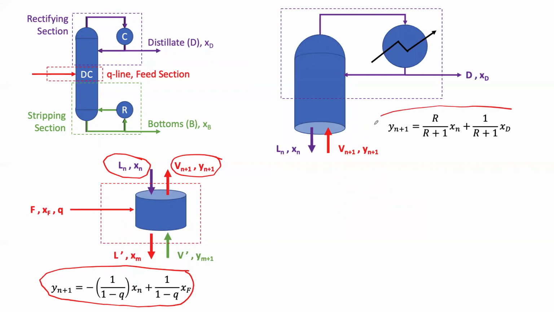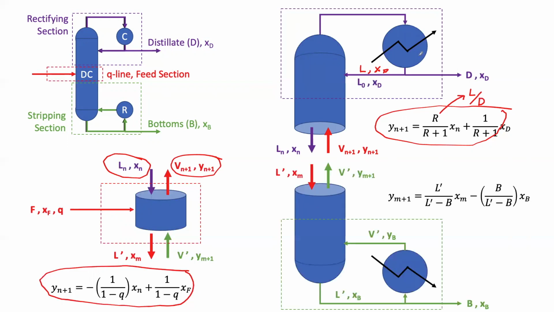Here you have your rectifying section with this equation, where your R is essentially what's returning over what's leaving in the product streams. And this right here would be your L. And then because these are going to be the same, there's a D underneath.